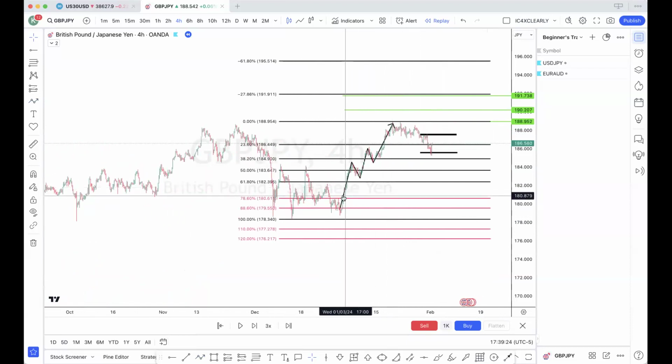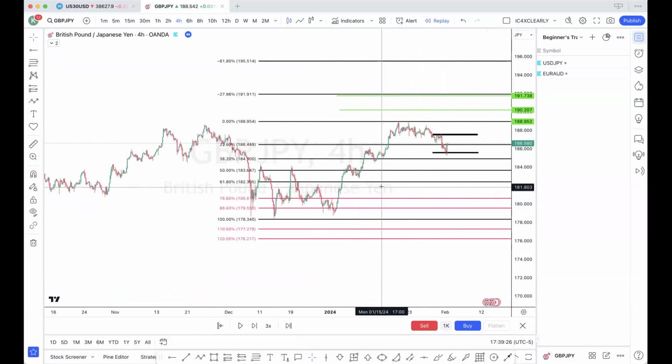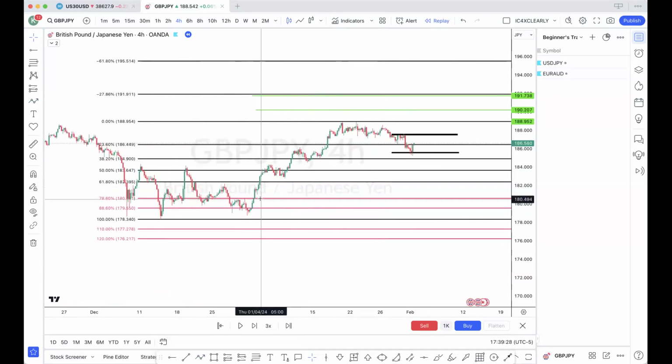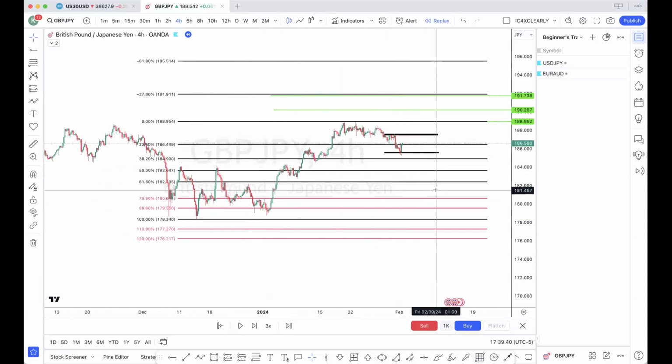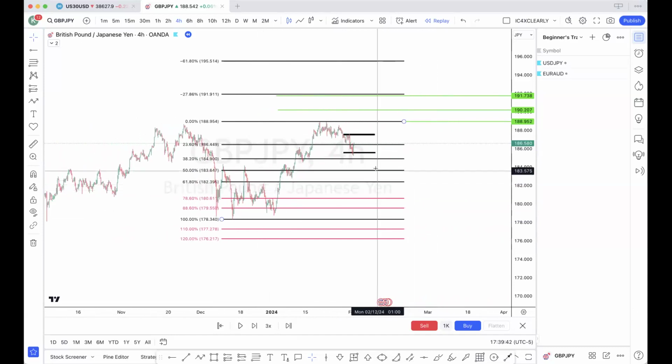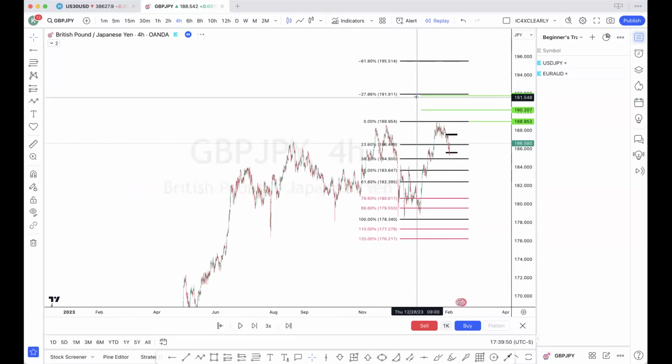Because you see there's an area where price has not been mitigated. There's been an expansion move. Price never came back to mitigate this imbalance, this imbalance, this imbalance. So I'm expecting price to pull back to the 78, might even come to the 88, and then continue pushing to the top side.